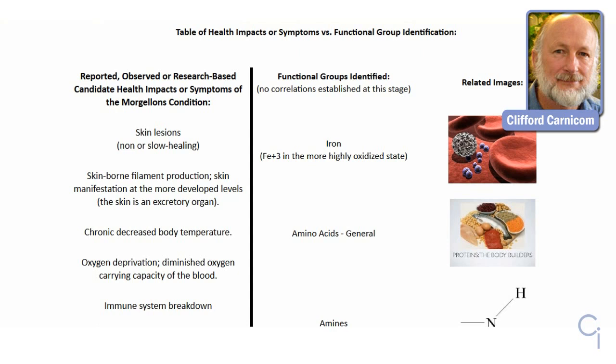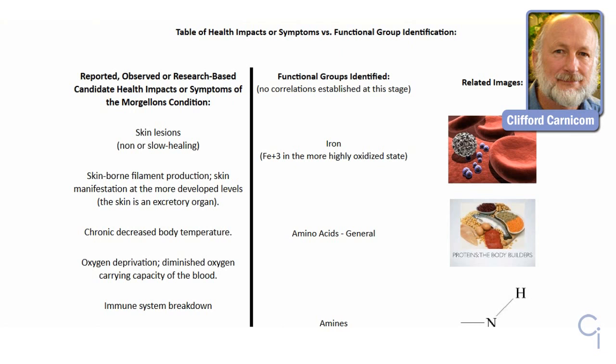In other words, based upon the best information that we have available, this would be a combination of my research and of the Institute project, the Morgellons research project that is in process of gathering information from other sources. What's the best list that we can compile? Now, there's nothing to say it's perfect, but it is a reasonable list that has been developed to the best of our knowledge.